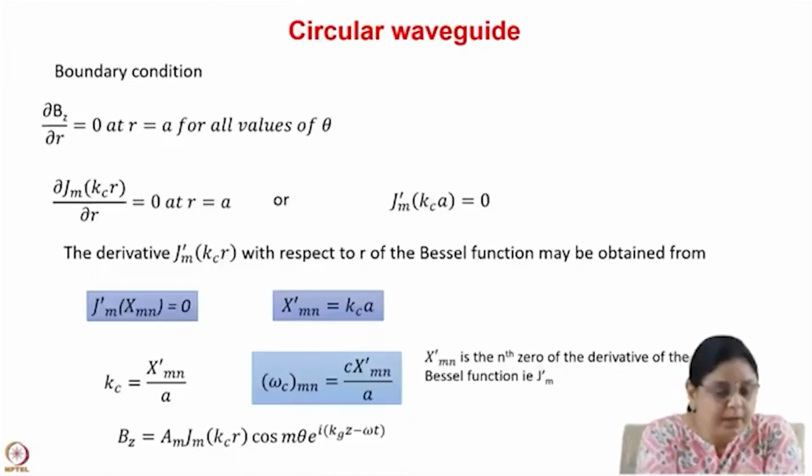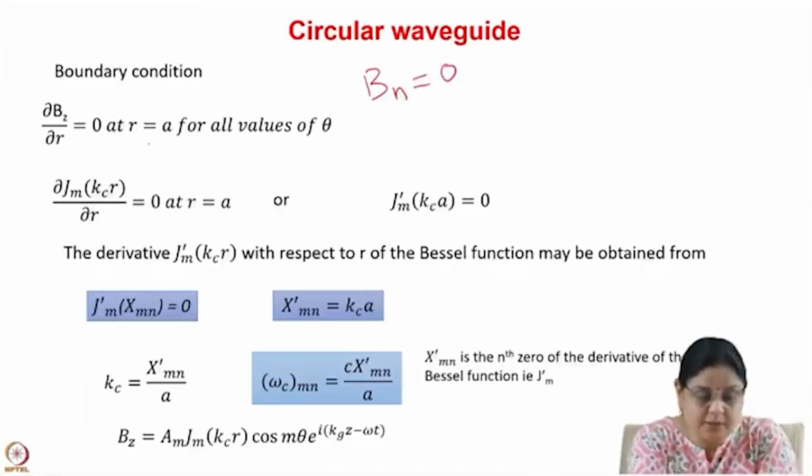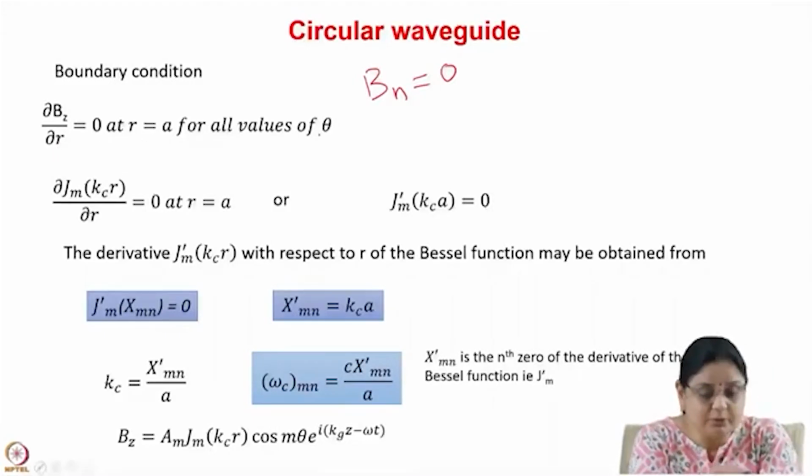And now we have to apply the boundary condition that the normal component of magnetic field is 0 at the boundary, at r equal to a for all values of theta. So we apply the boundary condition del Bz by del r is 0 at r equal to a for all values of theta.